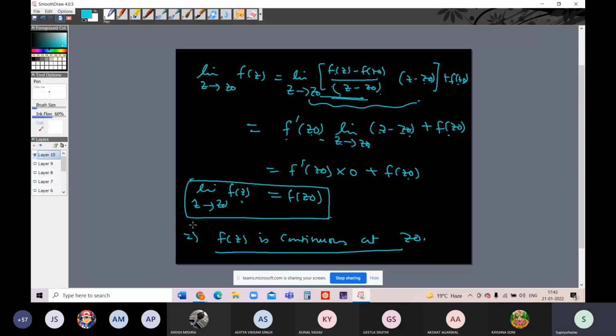Now some rules for differentiation of functions. Suppose we have two functions f(z) and g(z), and both functions are differentiable at this point z0.